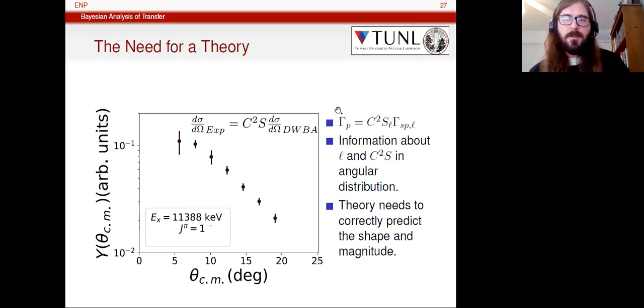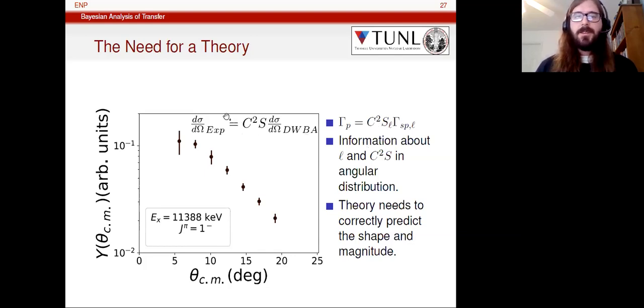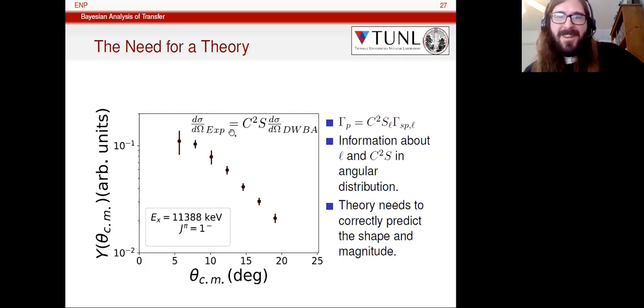And specifically, those proton partial widths that we were interested in are proportional to a term that we can calculate from theory called the single particle width, multiplied by the spectroscopic factor C squared S. And so this C squared S is related to our experimental data based on a ratio to a calculation from a theory called DWBA, which I will define on the next slide.